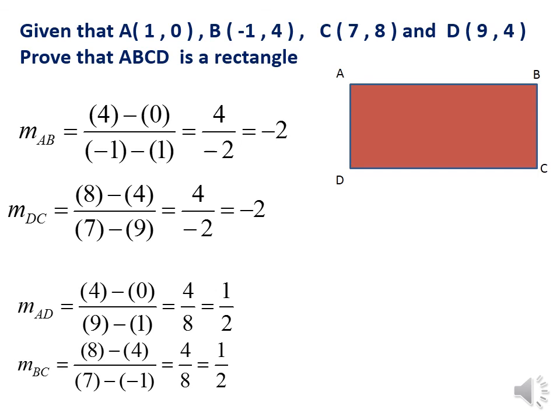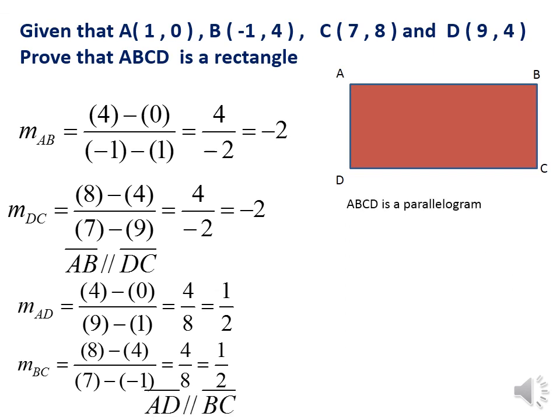To prove that the figure is a rectangle, we have to prove that AD is perpendicular to DC, since a rectangle has one right angle. The slope of AD is 1 over 2, and the slope of DC equals negative 2.